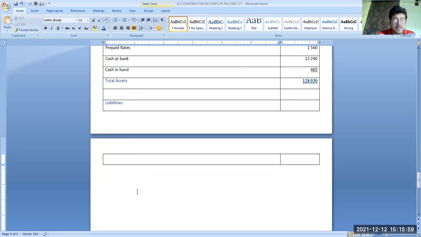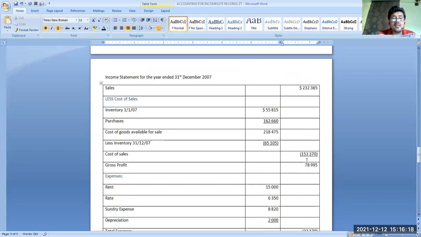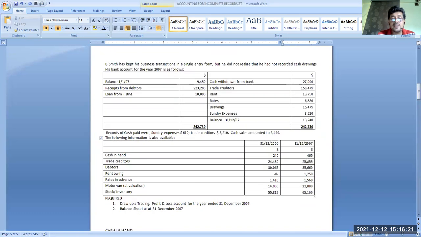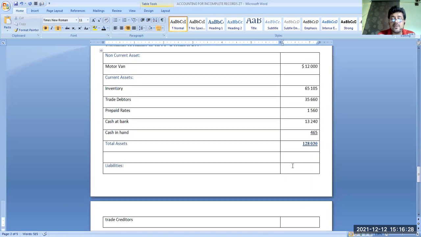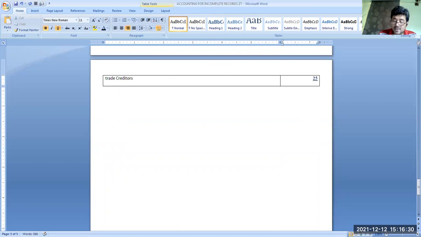First is trade creditors. How much is the trade creditors at the end of the year? It's given in the question. Trade creditors at the end of the year is 25,455.